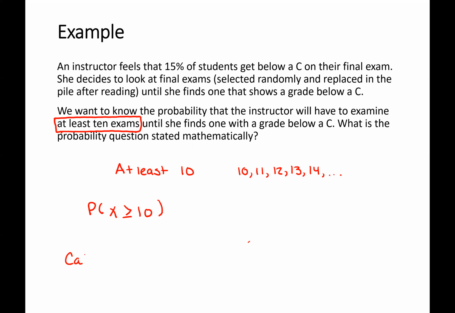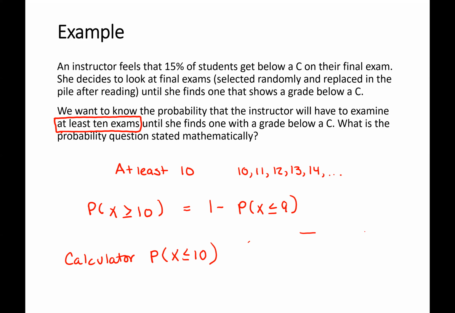Our calculator could find the probability that X is less than or equal to 10, but it can't find the probability that X is greater than or equal to 10. So to calculate greater than or equal to 10, we need to calculate less than or equal to 9. This probability would be 1 minus the probability that X is less than or equal to 9.